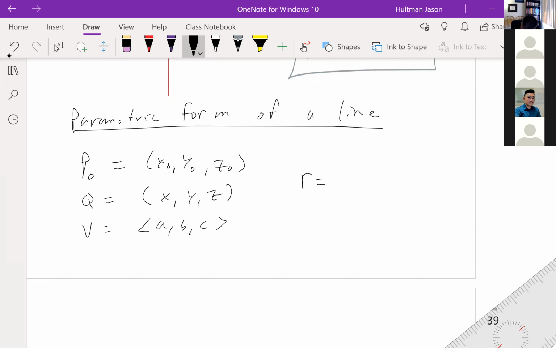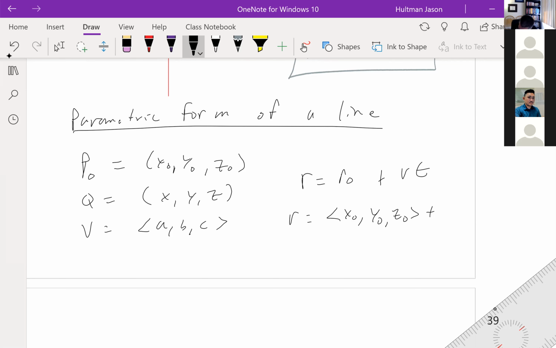So again, r is equal to r naught plus v t, right? So what's r naught in this case? Well, actually r naught is not the point, it's the vector. So r is equal to vector x naught, y naught, z naught, plus v.